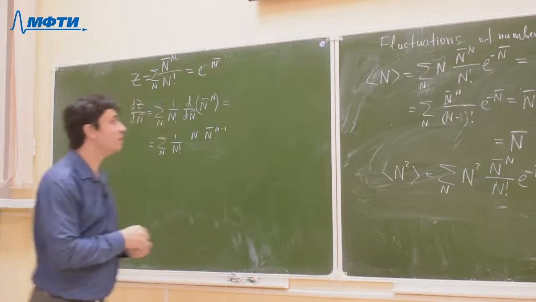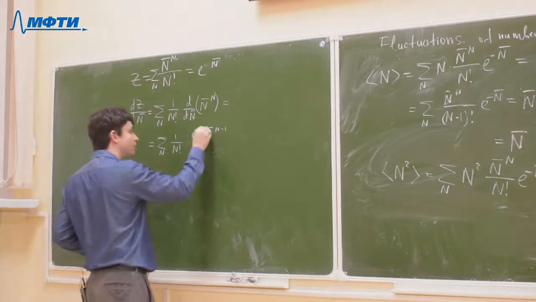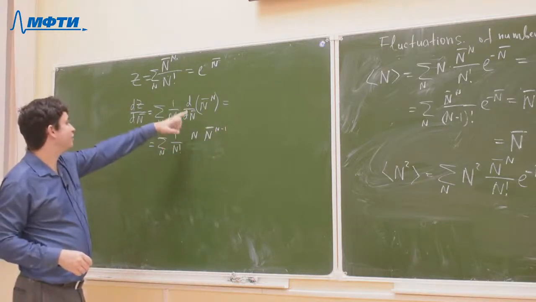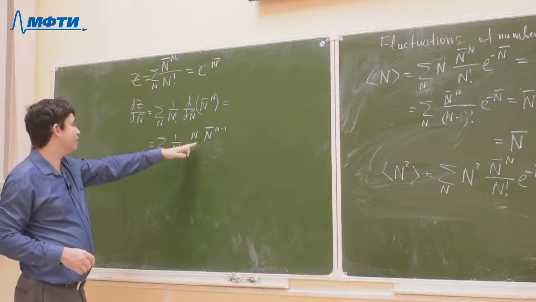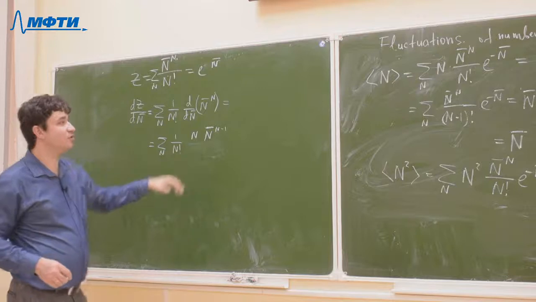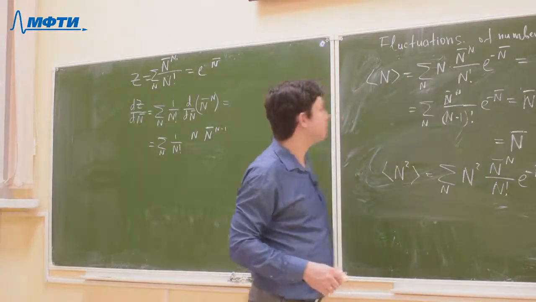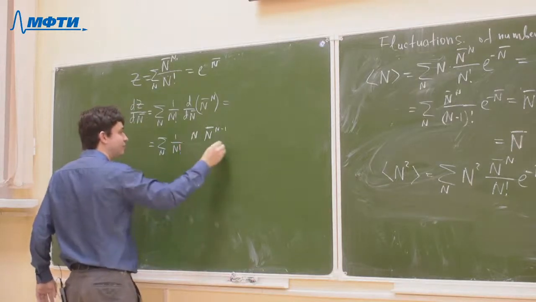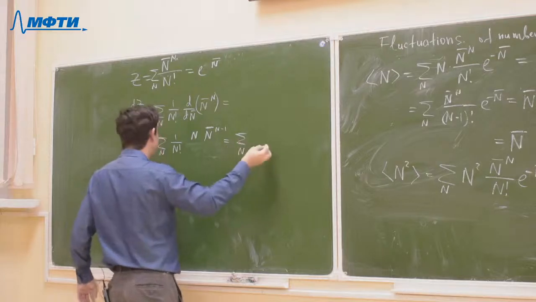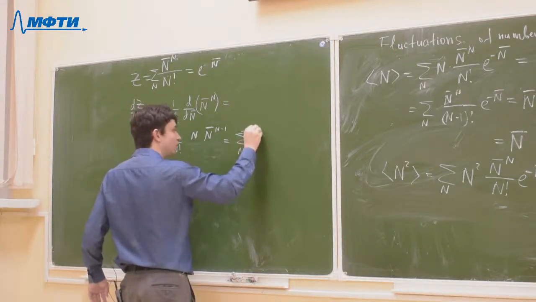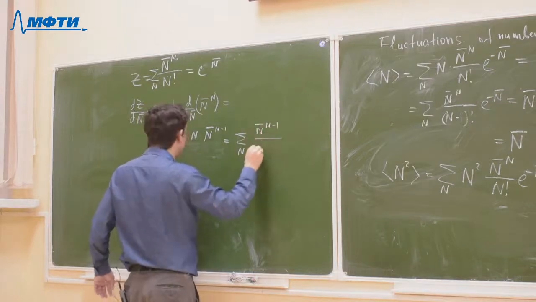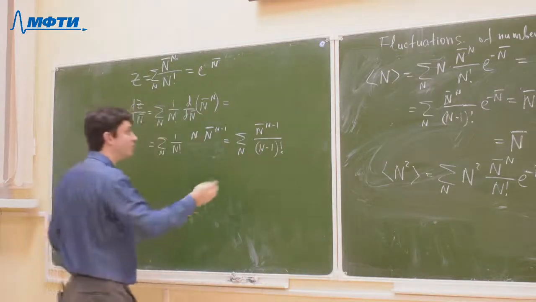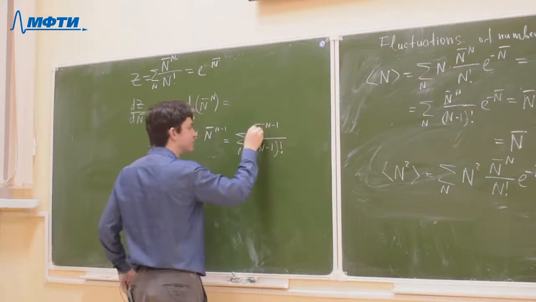Okay, as we can see, this sum is actually a sum which has occurred here. So after we take this derivative, we get a sum for n starting from 1. Okay, here we have this one.